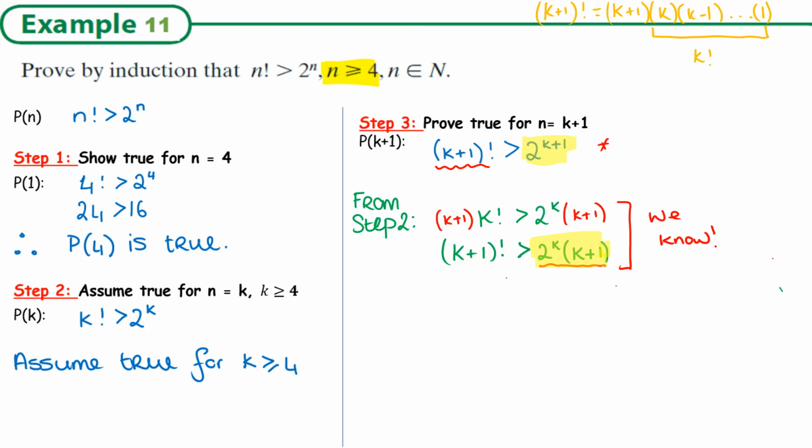So if I can prove that 2 to the power of k times k plus 1 is greater than 2 to the power of k plus 1, then that straight away will tell us, as I did last time, because we know that this side is k plus 1 factorial, that by cutting out that middle piece we'll have proven what we want.